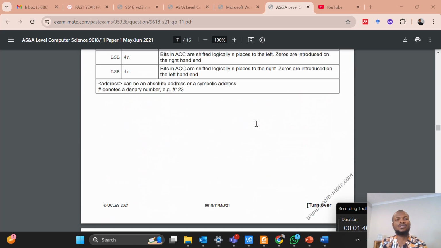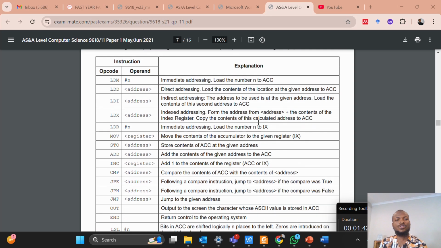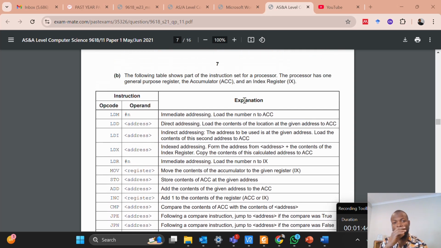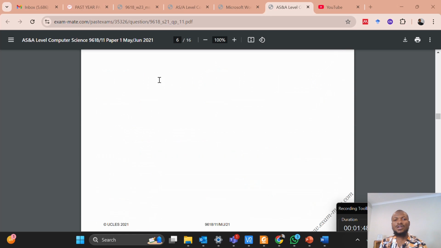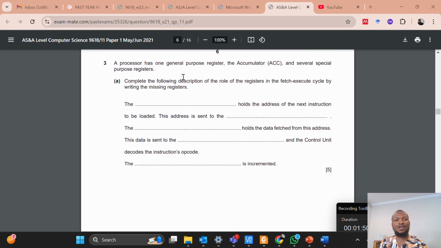The prerequisite to solving this question is to first understand what an accumulator is, what general purpose registers and special purpose registers are, the program counter, the memory address register, the current instruction register, and so on.